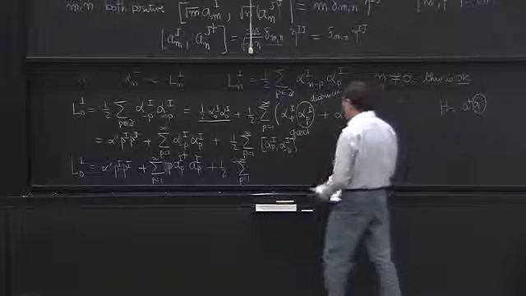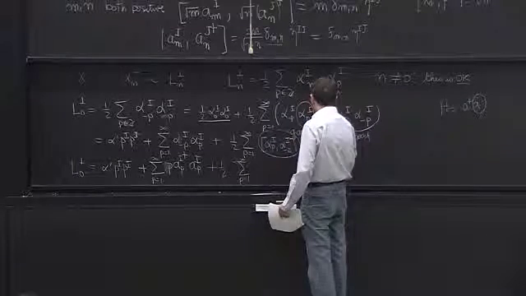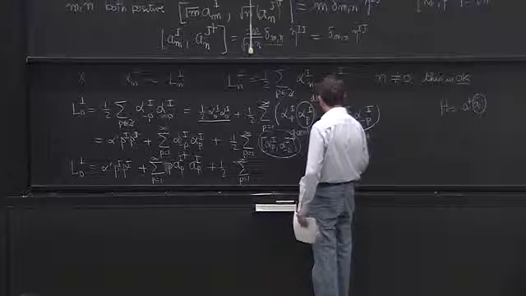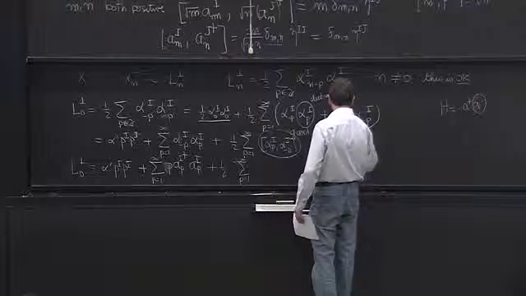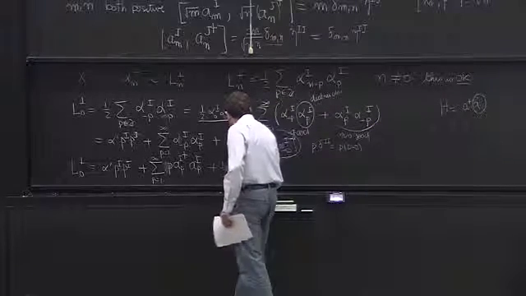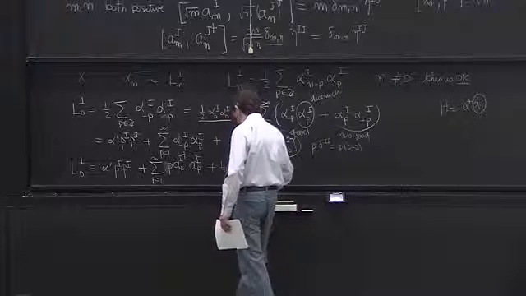So this commutator is p delta I, and therefore this is p times d minus 2. So we get 1/2 d minus 2 times the sum from 1 to infinity of p.